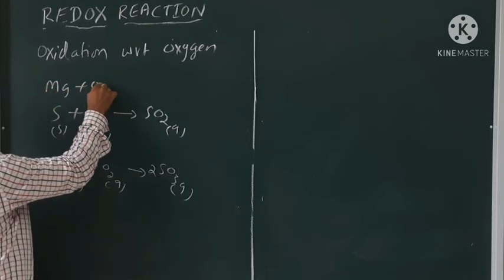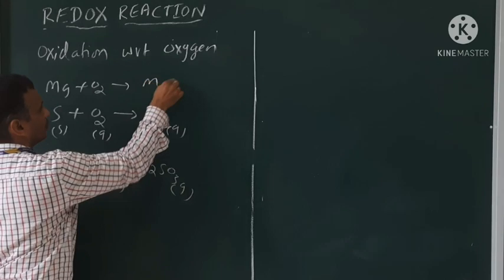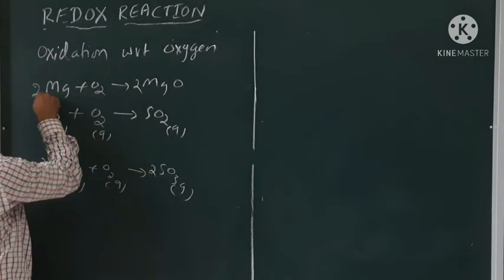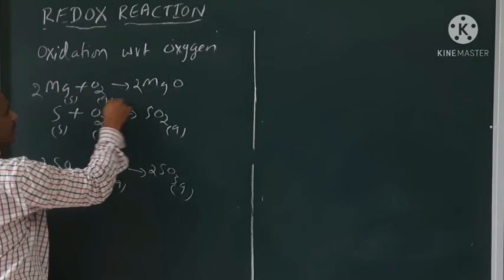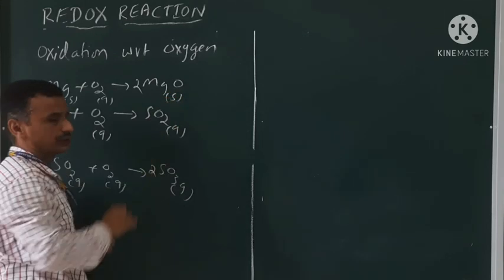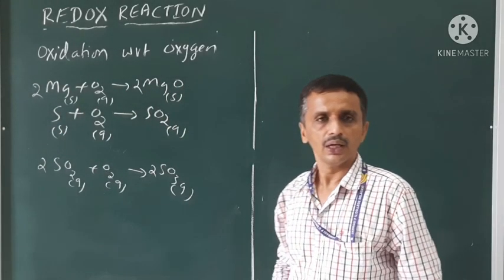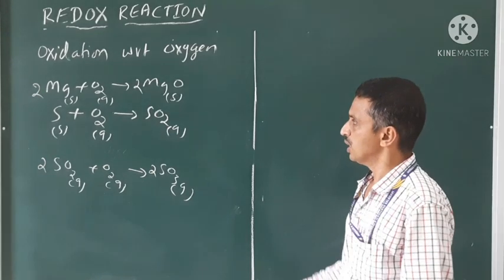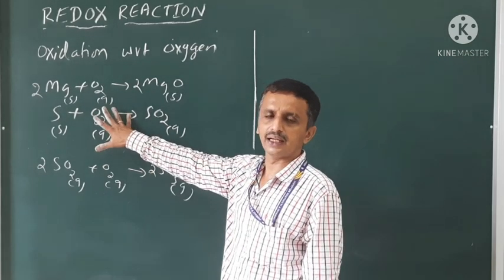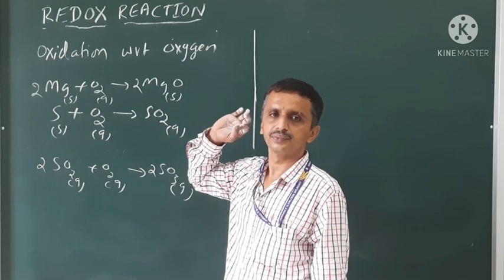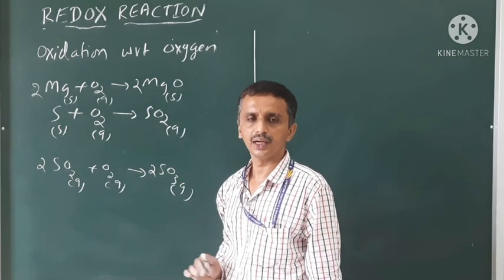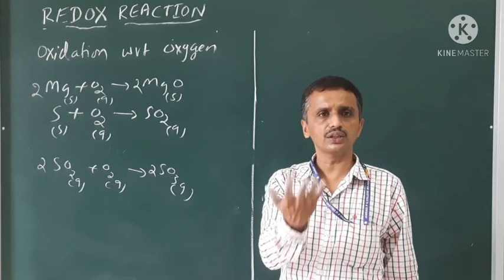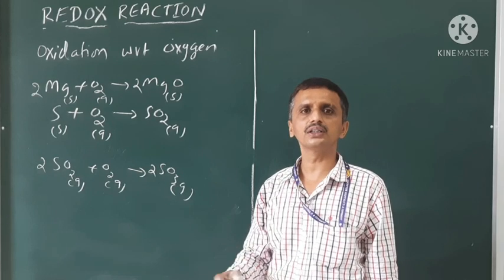Mg plus O2 gives MgO, which is solid, this is a gas, this is a solid. So, in any reaction, if oxygen is added, then it is oxidation. Addition of oxygen is the oxidation process only.